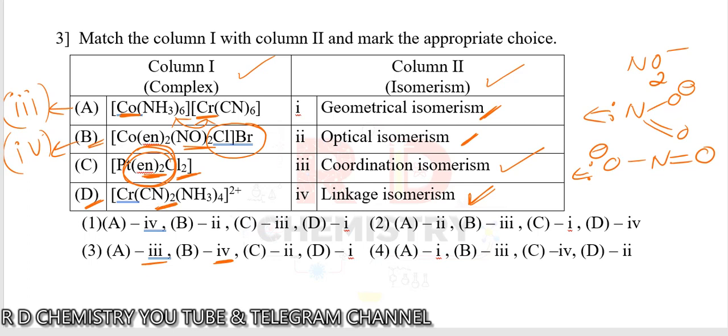CN can be cis to each other, CN can be trans to each other. If there is a didentate ligand, we can expect optical isomerism. Remember that. Therefore complex C should be Roman number 2, and you are left with the geometrical isomerism for option D, that is Roman number 1. So the answer is option number 3. Correct?